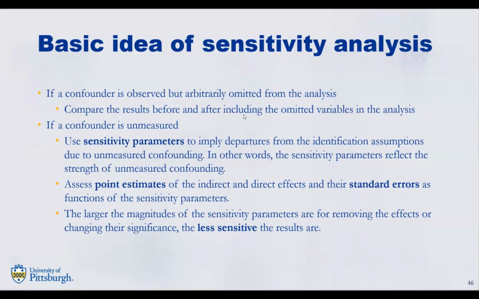Otherwise, the results would not change much. That means the results are robust. But if the results can be changed a lot when the sensitivity parameters are very small, that means even a very weak unmeasured confounder can change your original results dramatically. That means your results are sensitive to unmeasured confounding. I hope this makes sense to you all.